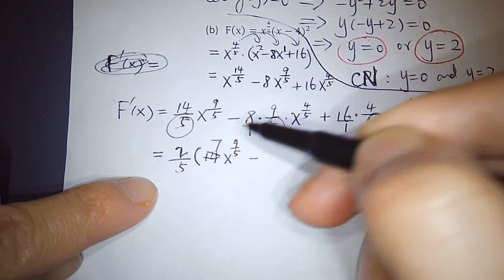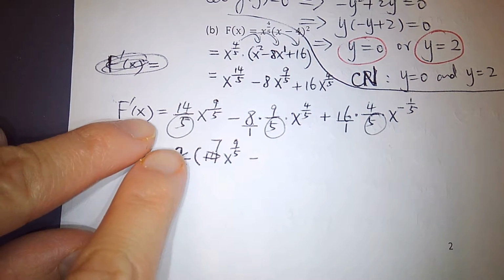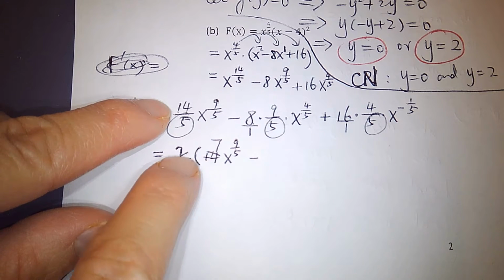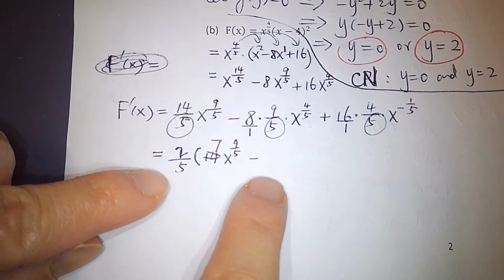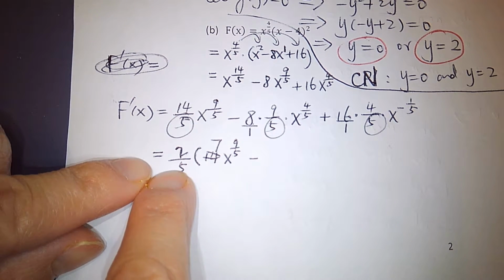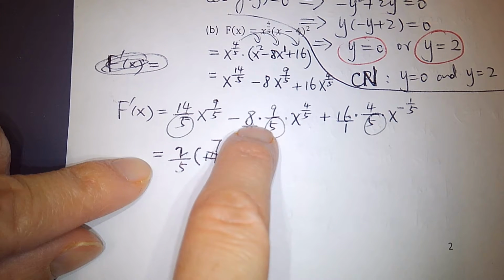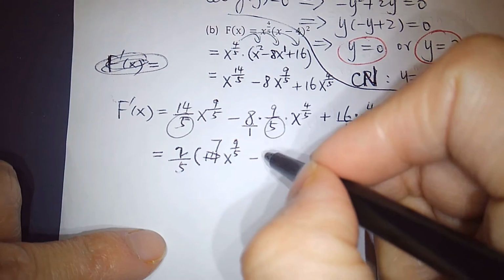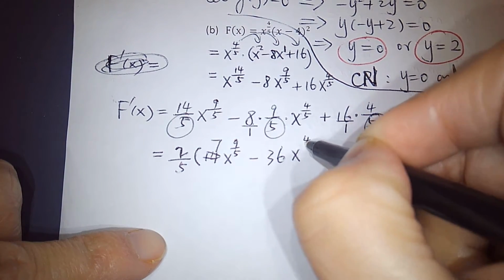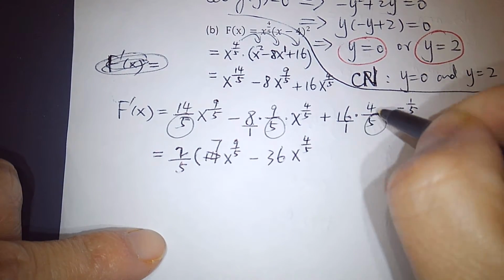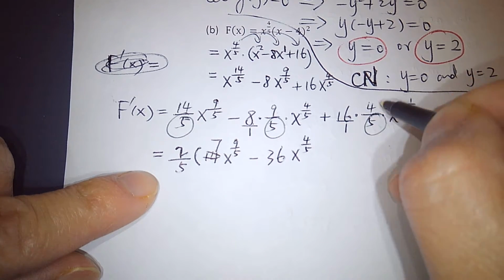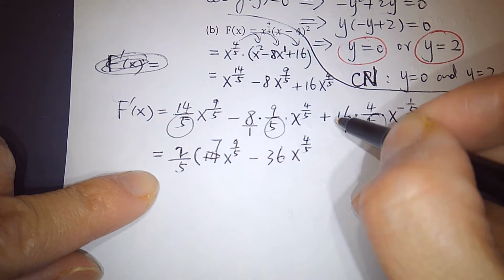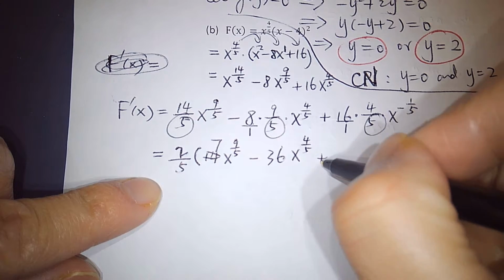So 7, because 2 times 7 gives us 14. This 5 is out on the bottom, and then we divide 8 by 2 gives us a 4. 4 times 9, 36. x to the 4 over 5. This 5 is out. We must also have a 2 out, so 16 times 2, 32.